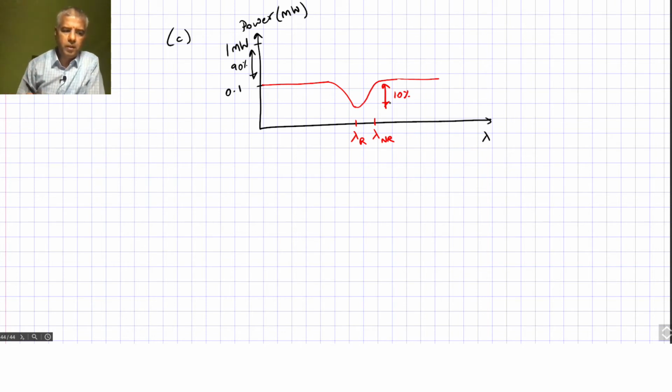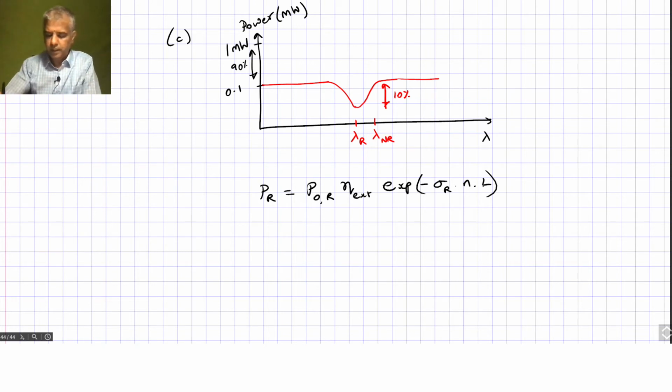We've been told that P_R we know is P naught R times eta external multiplied by e to the power of minus sigma r n into L. So the maximum of this factor, e to the minus sigma r n L, is going to be 10%.